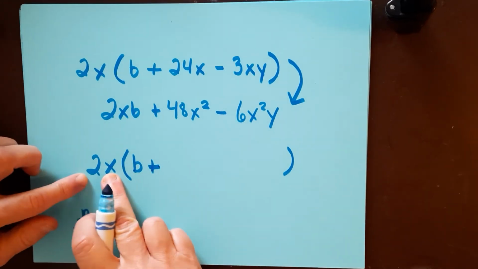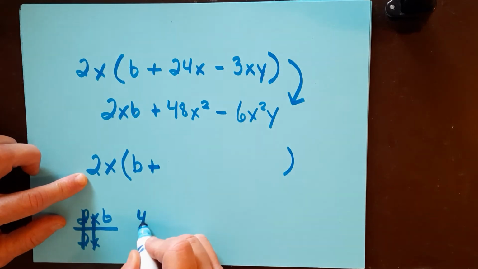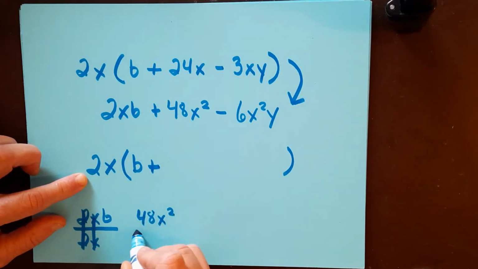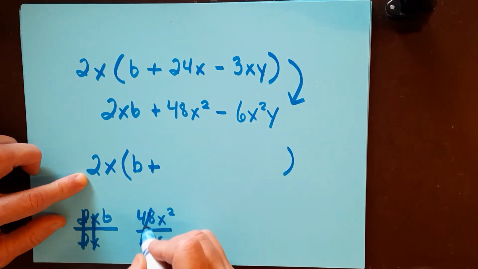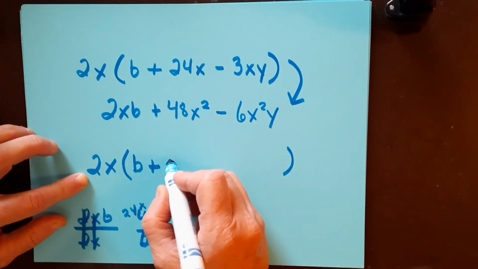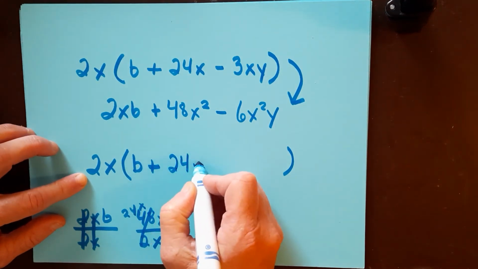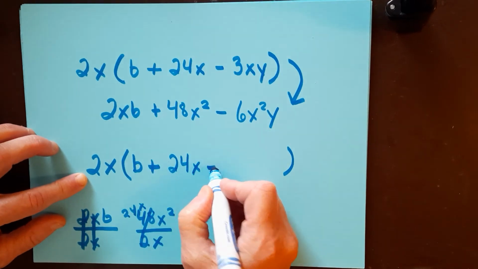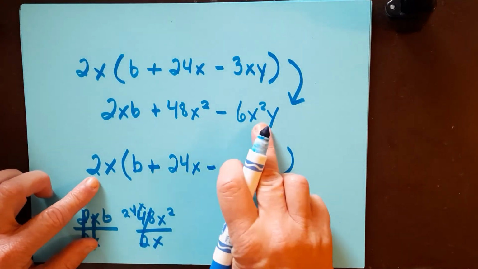And we do the same thing with this expression. If we have 48x squared, and we take out or divide 2x, we are left with 24x. X squared divided by x just leaves x. So we have 24x. Next we watch this sign, which becomes negative.